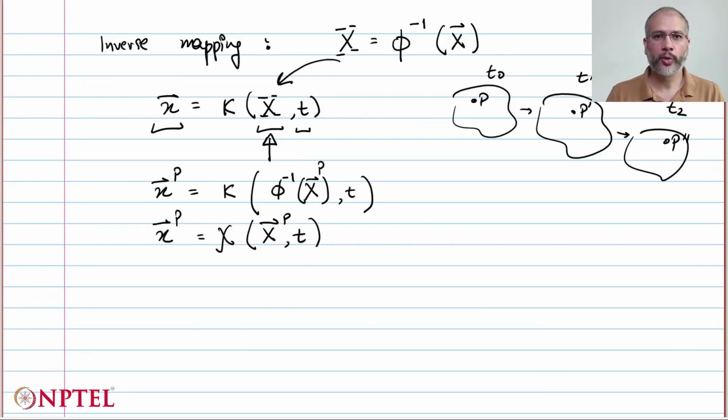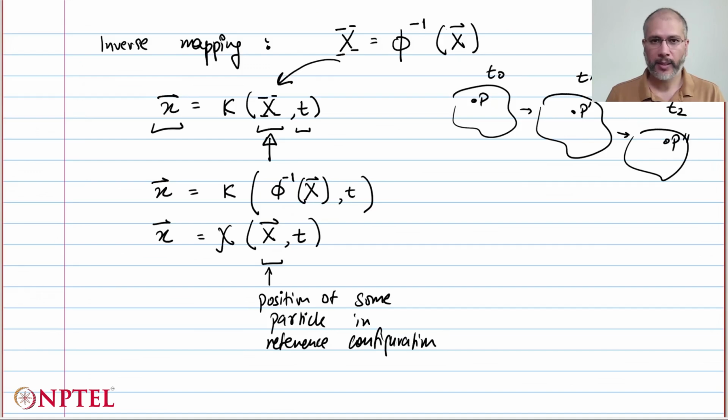And again, this is right now being specified for a particle P. So I've put a superscript P with all position vectors. But this is true for any particle in the body. So I don't need to specify P here on superscripts. I can remove that, and that very well works. So capital X is the position vector for some particle in its reference configuration, that is its material coordinates.